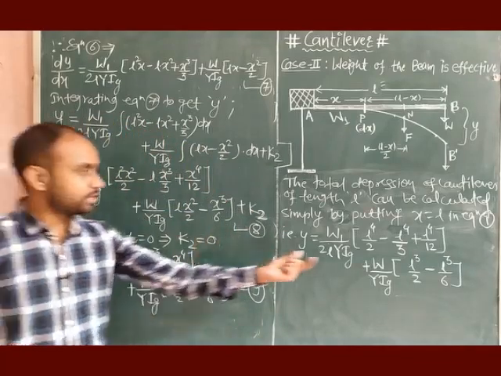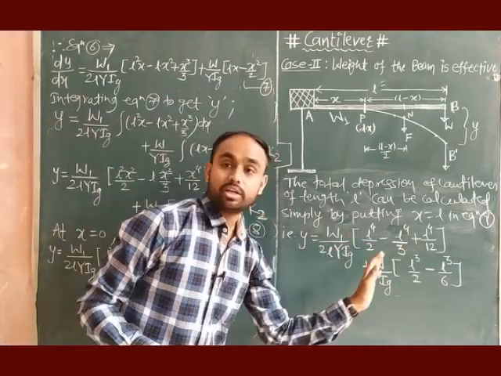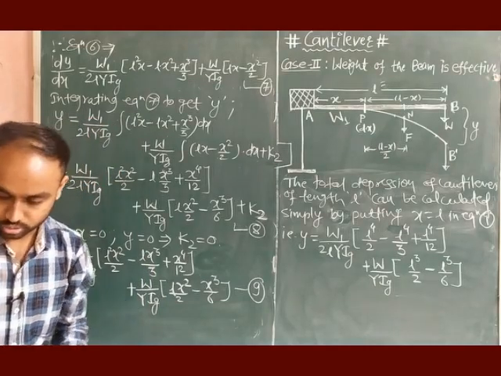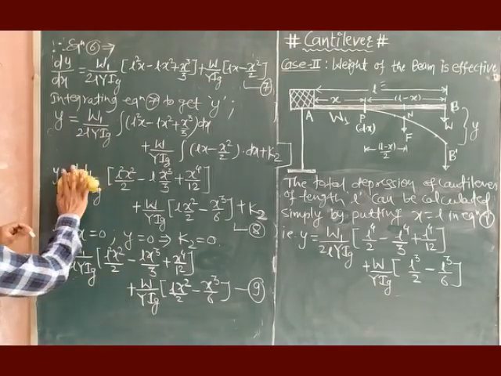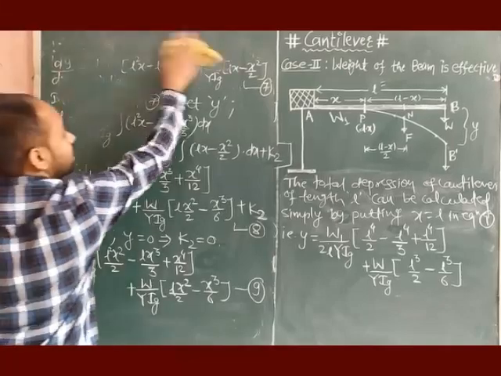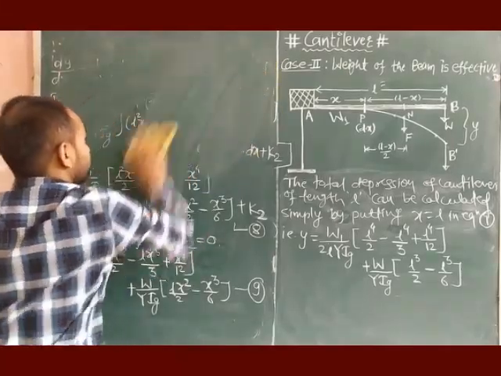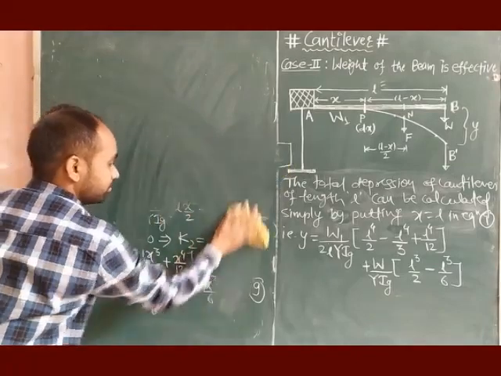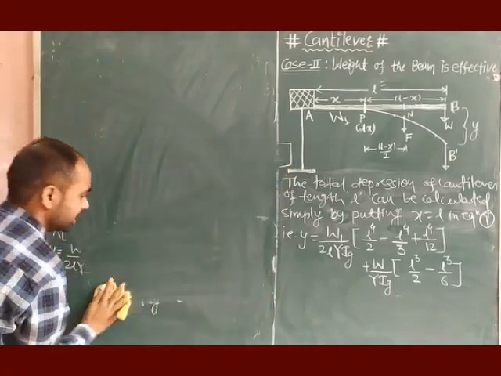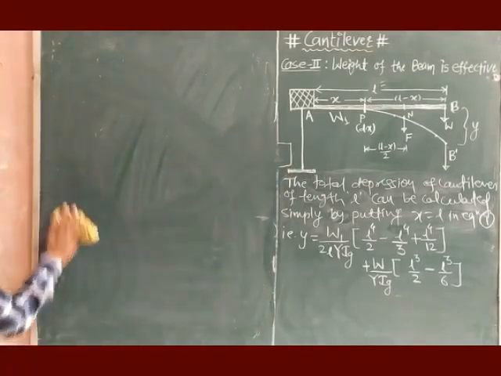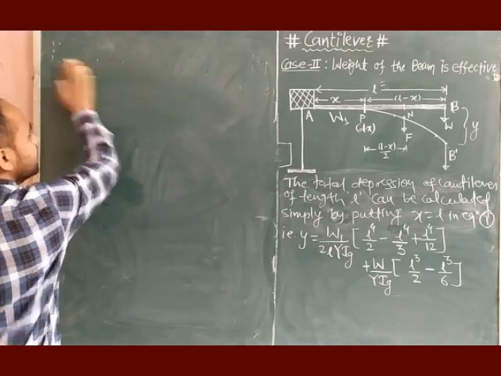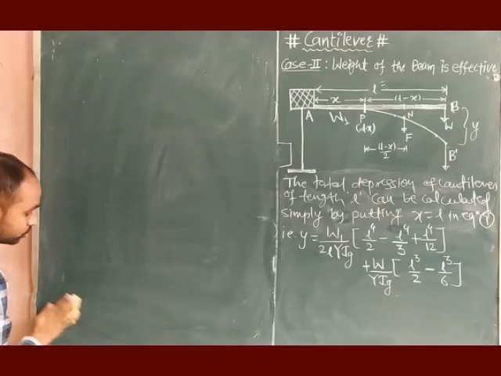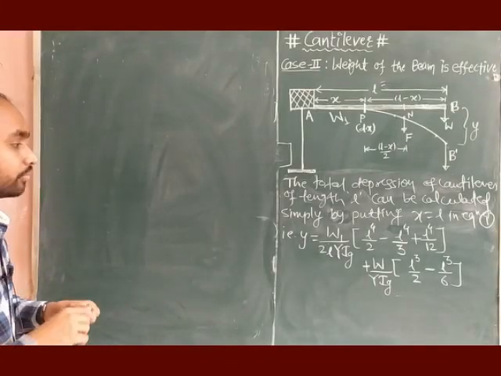Now in the bracketed terms we have L, and therefore we can just do the addition and subtraction of that, right? So let us do it. So whatever we get is the total depression of the beam, or we can say total depression of the cantilever, which is due to both the weight of the cantilever as well as how much weight we are attaching to the free end of the cantilever, right?